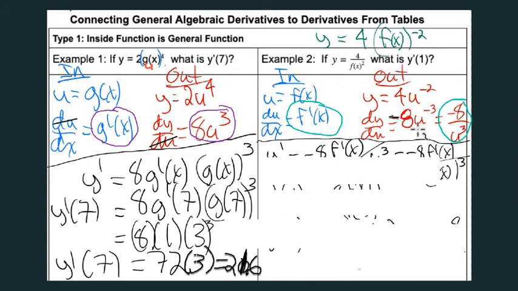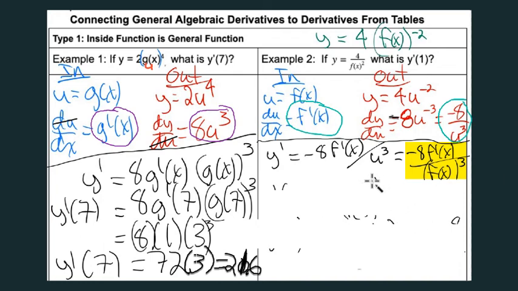U is worth f at x. So we can see that here, -8 f prime at x divided by u cubed, and then we just change u into f at x. So this right here, folks, is your derivative for y prime. -8 f prime of x divided by f at x cubed.